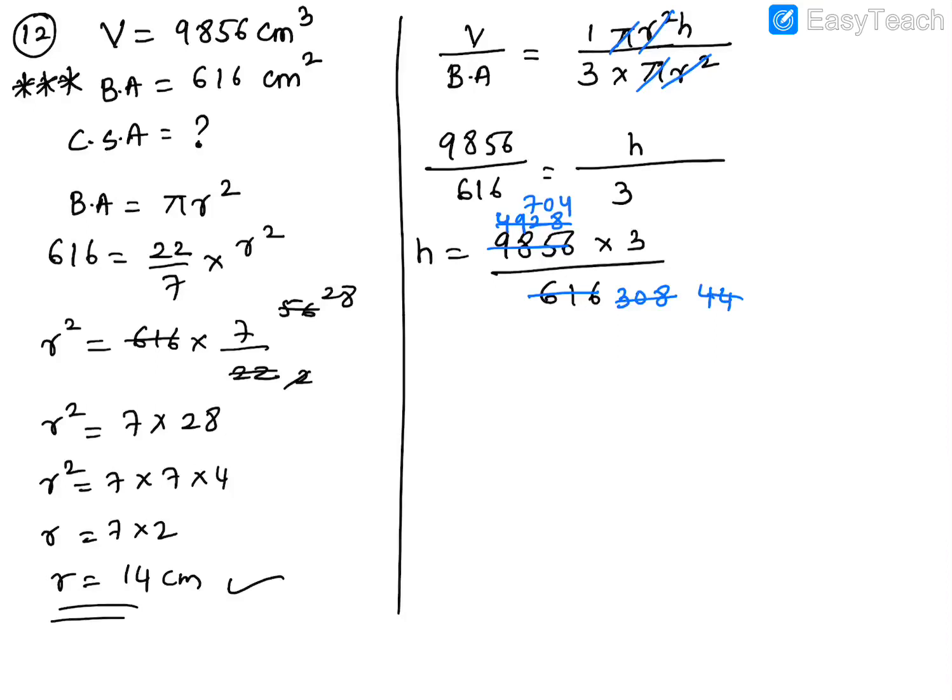Then 11 4s are 44, 11 6s are 66. 11 4s are 44. 16s are 16, 3s are 48 centimeters.